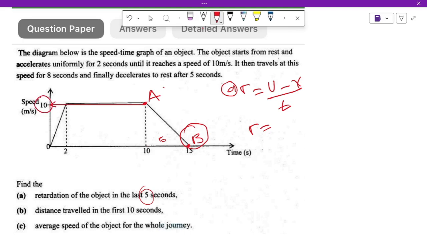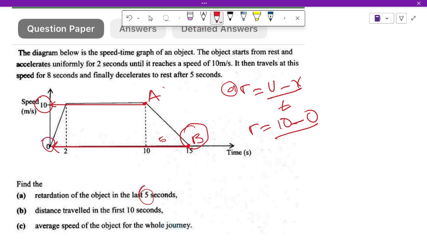The speed is 10 meters per second. So your U is 10 minus V, which is the final speed when it went to rest. Whenever it's at rest, it's 0 meters per second. It's not moving. Or you can simply check right there: what is the speed there? It is 0. That is where the 0 is coming from.